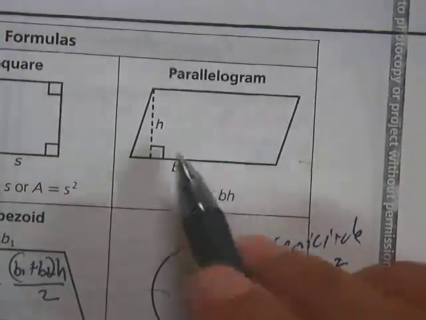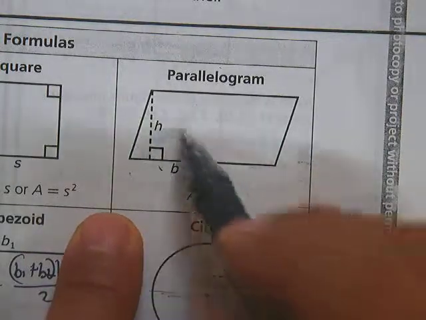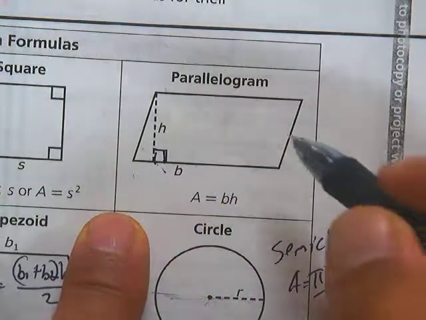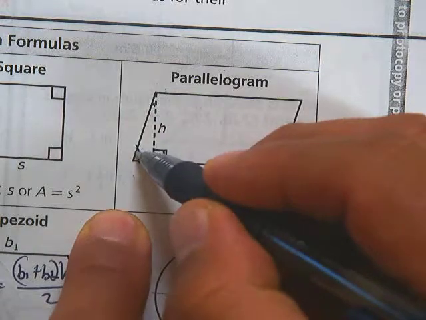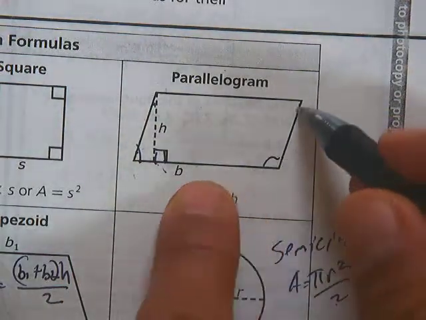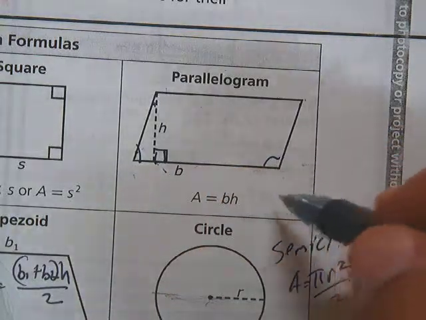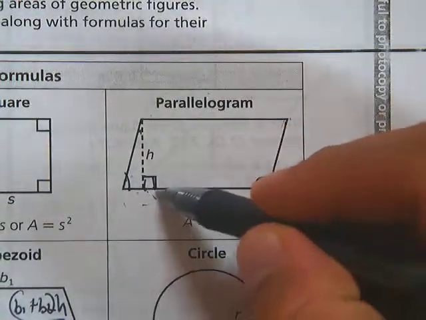Now you got this parallelogram. If this is 12, well, obviously this is 12, which is the base. In this one here, it's also base times height. I can see that the base and the height are perpendicular to each other, which means they touch at a 90-degree angle.